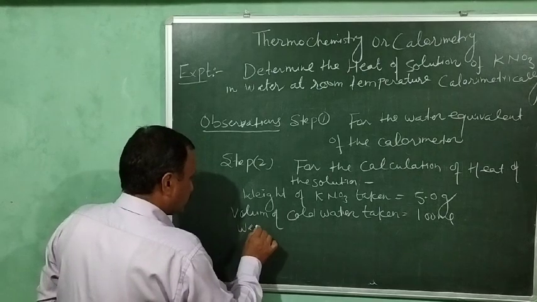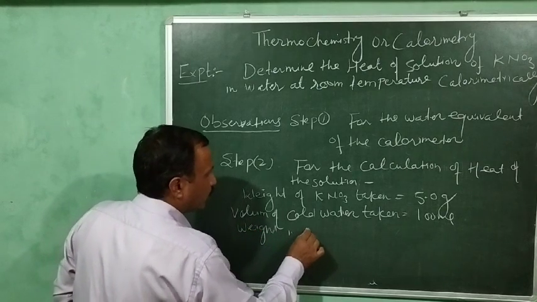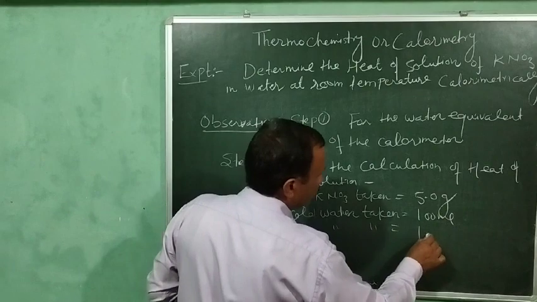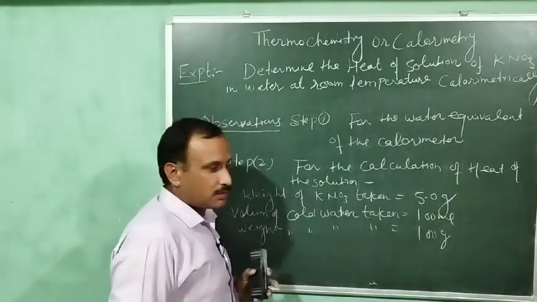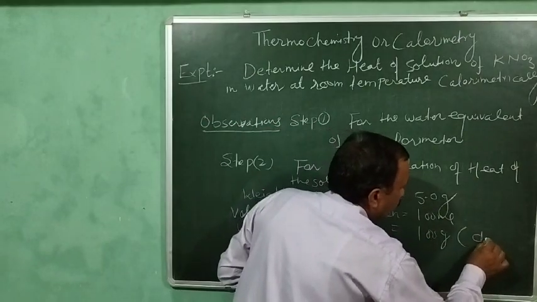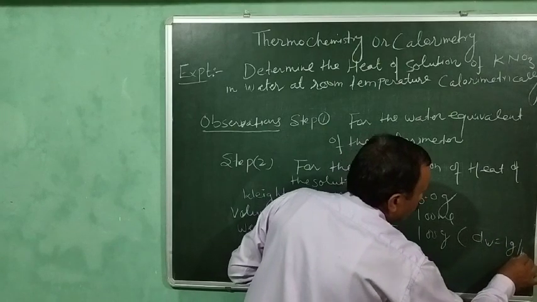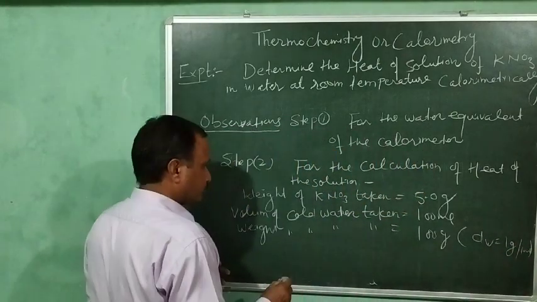and after this the weight of the cold water taken will be equal to 100 grams, because the density of water has been taken equal to 1 gram per ml.